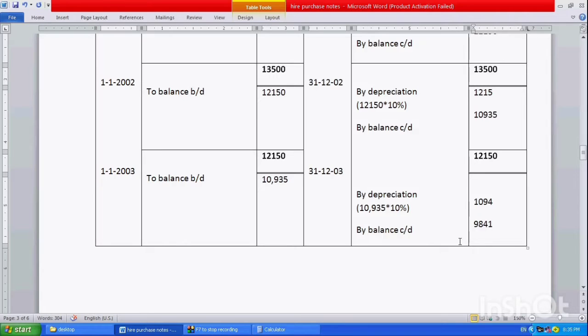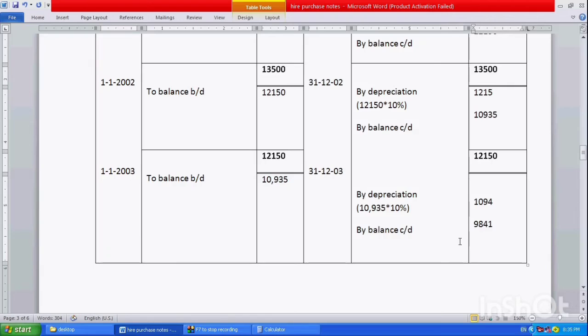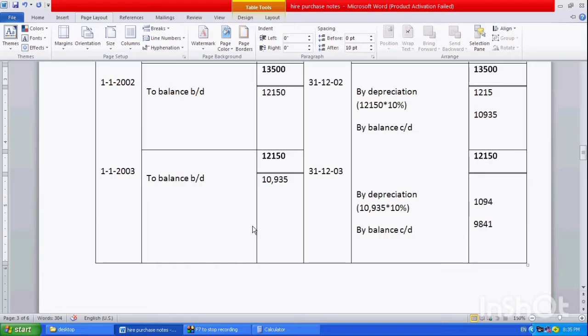Okay, now the last fifth year. Here the performer is over here, so I'm working on it.